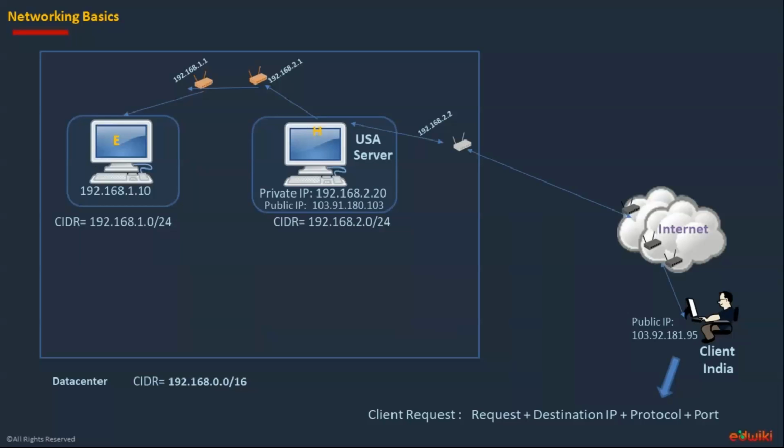Though you put a gateway, though you put a cable, still it will not work. The H will complain that, hey, the E machine is in a different network, I don't know how to reach there, can you supply me a route table? Without a route table, the servers cannot be connected, though you put proper connectivity, network cable, everything set up, it will not work. The routing table is mandatory.